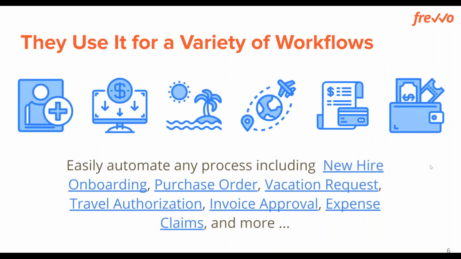Now our customers use it for a number of different types of workflows. So everything from new hire onboarding, which if you think about how that goes on paper, it's usually 5 or 6 or more paper forms that you have to fill out. Half of them have all the same information. And then they all have to get filed in a different place, or that data has to be manually input into some other database or system.